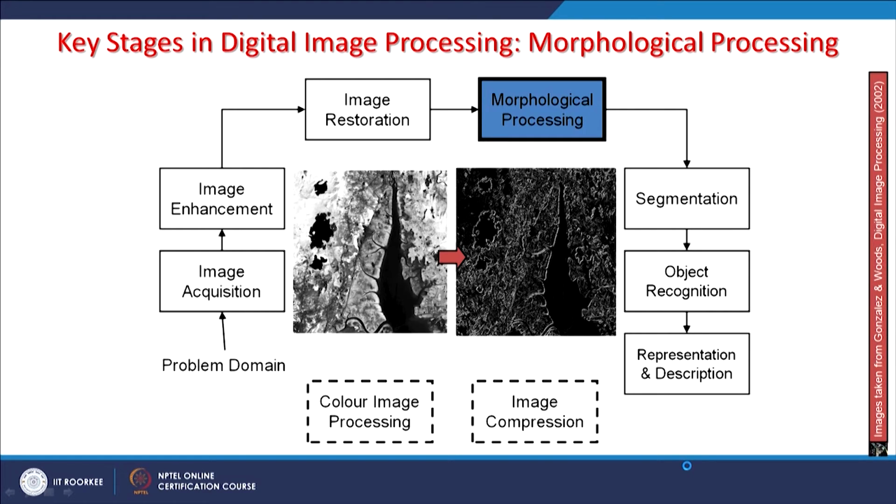So edges of all objects present in the left image have been enhanced, and it becomes almost a binary image. You are seeing the boundaries of all those features present in the left image. At different times you want different things: sometimes you want to enhance edges, sometimes you want to make an image smoother rather than having sharpness in the image. That is also done under this morphological processing.